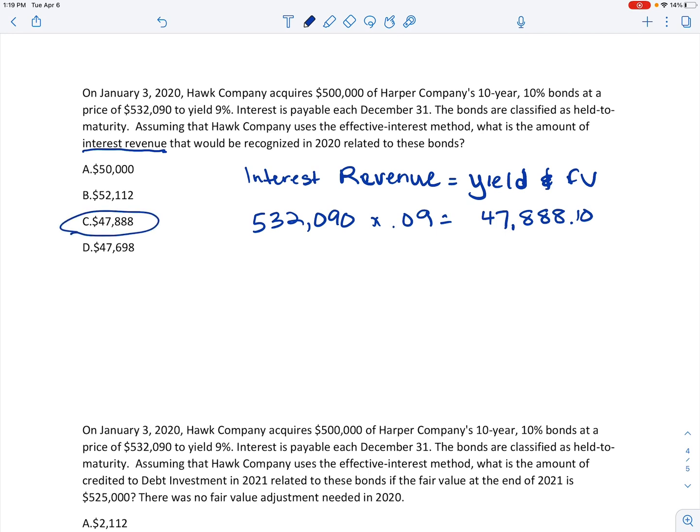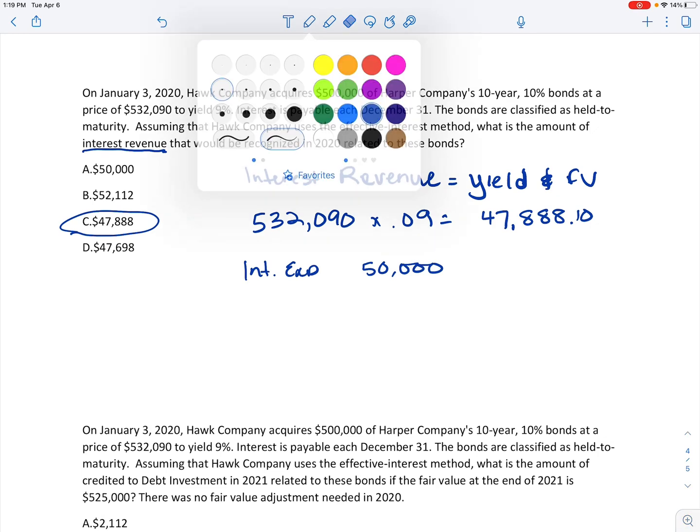But just for the sake of showing you what this looks like, maybe we would debit interest receivable for the 50,000.